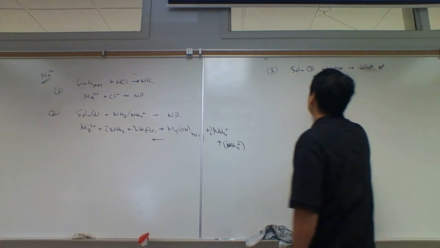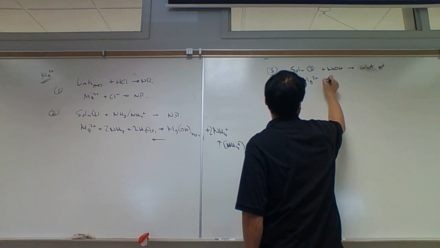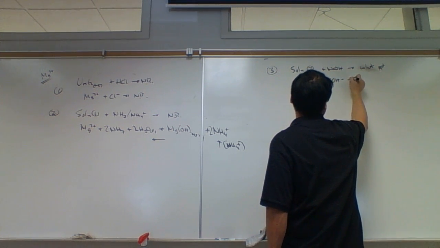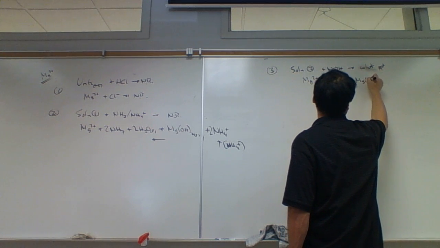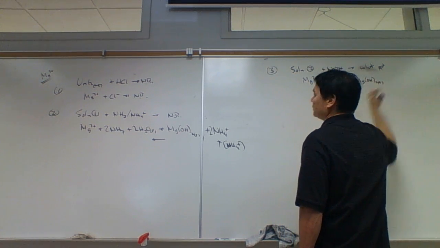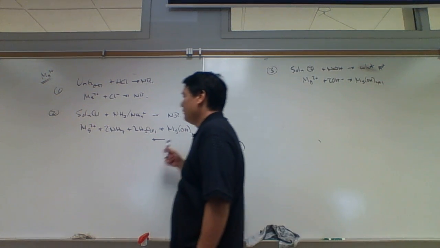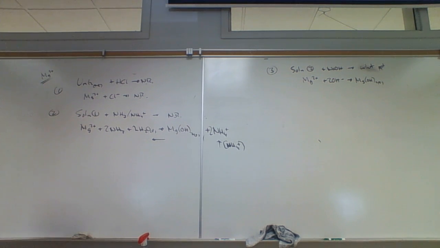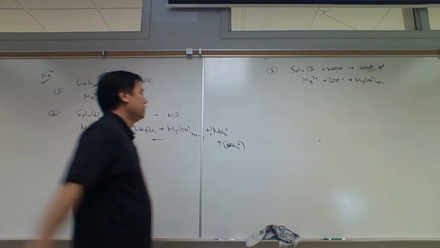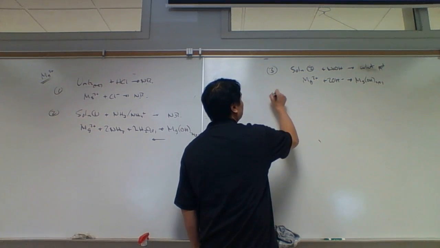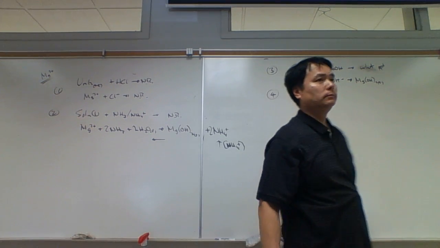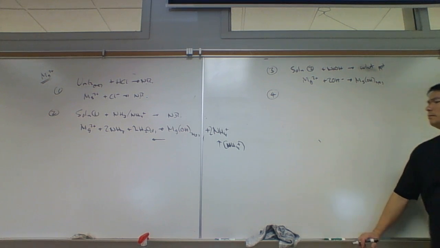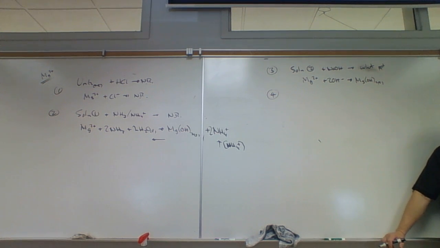And that white PPT is, now we have plenty of hydroxide to do that. We'll end up with magnesium hydroxide here. It's solid. Over here we didn't have enough. We were limiting the amount of hydroxide by buffering it with ammonium. Ammonium's an acid. Not a very strong acid, a pretty weak acid.